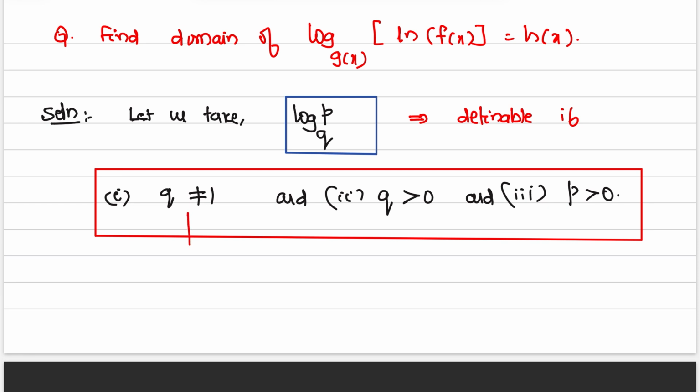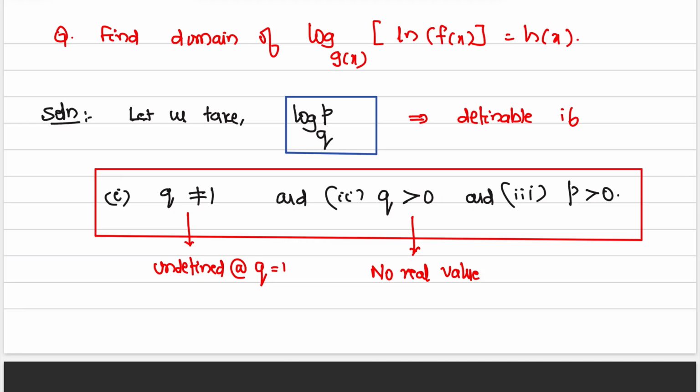Because if q is equal to 1, it will be undefined at q equal to 1. If q is not positive, if it is negative, then this logarithm will not have a real value.